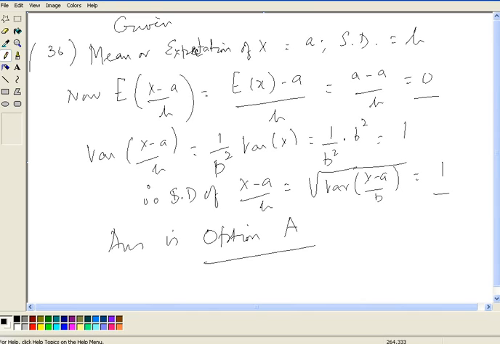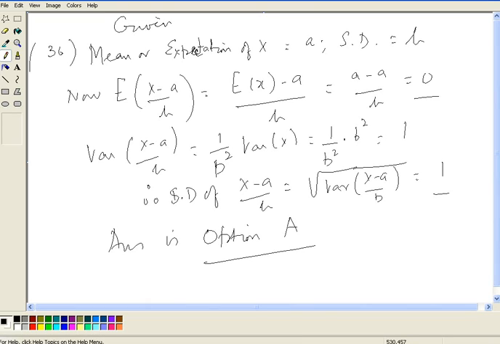Now, instead of computing standard deviation directly, we go through calculation of variance of x minus A by B, which is equal to 1 by B squared times variance of x. Now standard deviation is given to be B, so variance of x would be B squared. So variance of x minus A by B is 1, so standard deviation of x minus A by B, the square root of variance, is equal to 1.